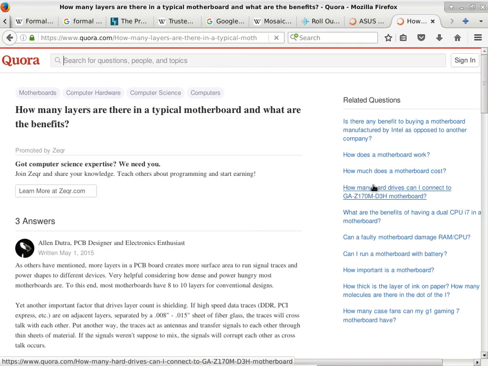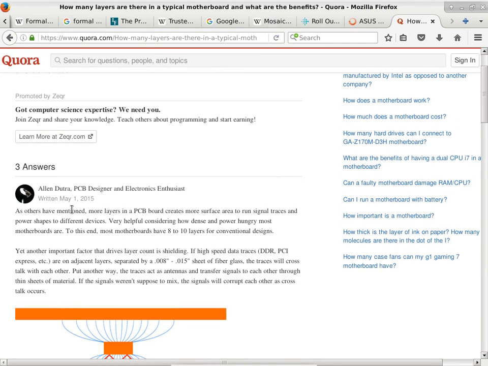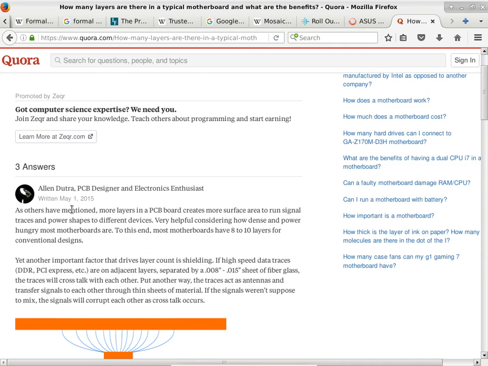And with this type of thing, you have to look at the date too, because modern circuit boards have a lot more layers. So most motherboards have 8 to 10 layers for conventional designs, which means your super duper gamer motherboard may have even more because you have more components and they have more parallel connections. What does that mean when it has 8 to 10 layers? What is a single layer?